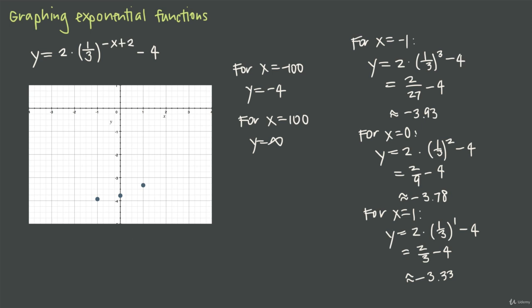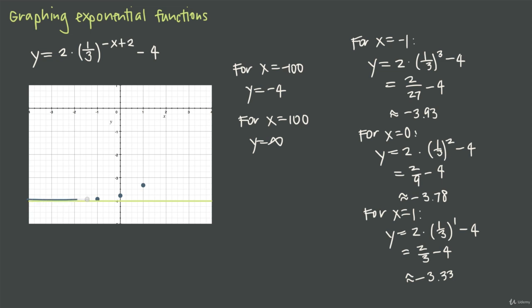What we can see is that they form an exponential curve, and the curve is approaching this horizontal asymptote at -4. So if we go ahead and sketch in a horizontal asymptote here at y equals -4, then we can say that the graph of the exponential function, if we connect these points, might look something like this.